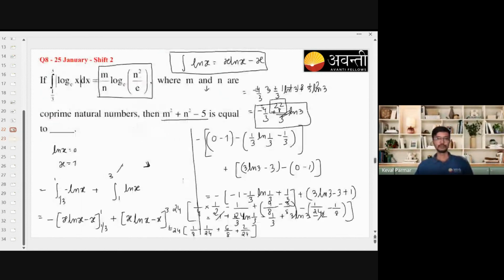Now, how to get it in this format, guys? We use a property of log, right?